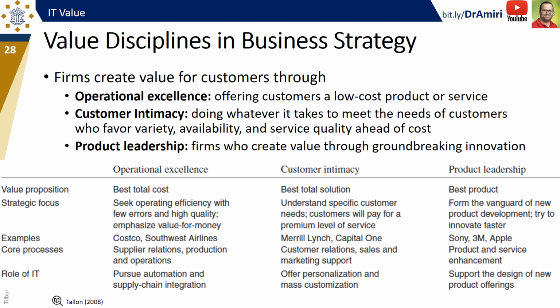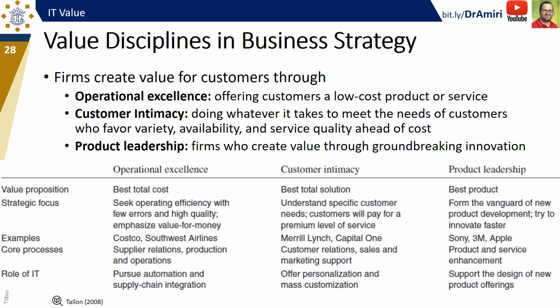On the other hand, product leadership is about innovation. You just want to be innovative faster than others. This is very similar to the prospector that we learned in the previous lecture. So examples of operational excellence, we can enumerate Aldi and Lidl as companies that follow operational excellence.